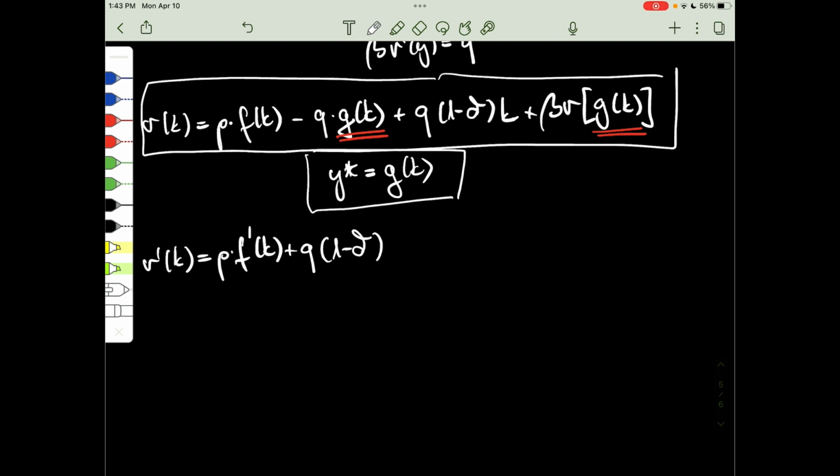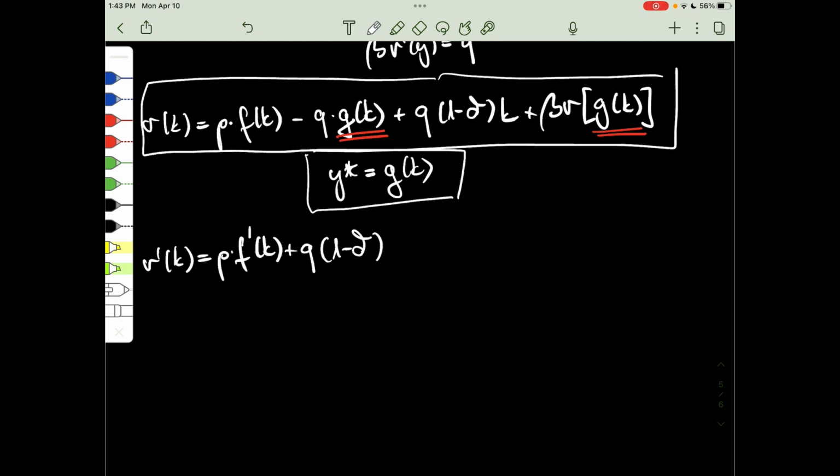And we may be interested in scrutinizing how any change in any of these givens affects the maximum value. In such a case, we need to derive the maximized value function with respect to that particular given. In this case, this given is the capital stock.